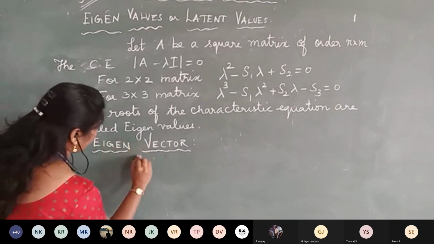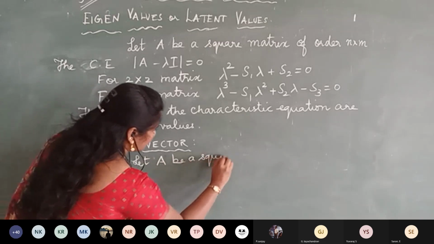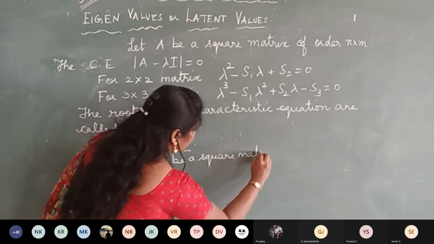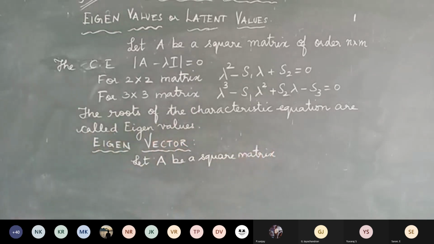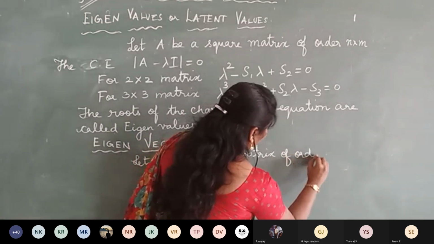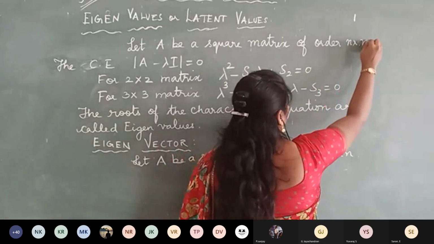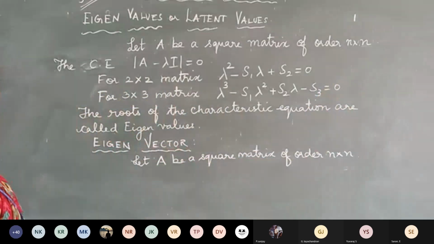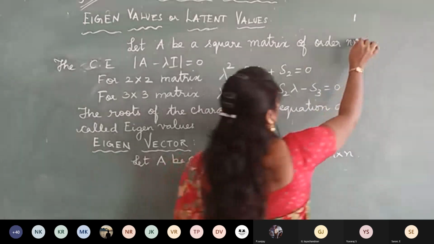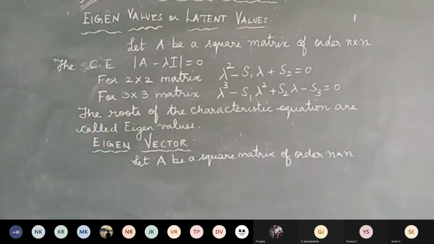Let A be a square matrix of order n cross n. It has to be a square matrix, so it will be n cross n. So let A be a square matrix of order n cross n.